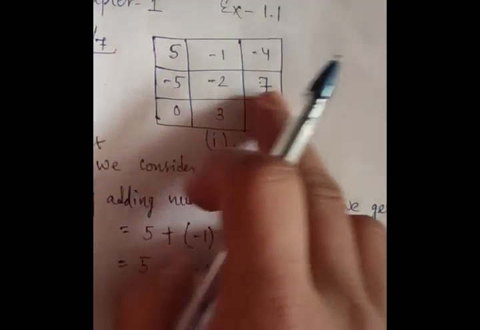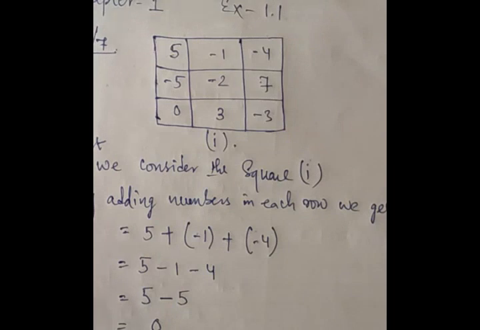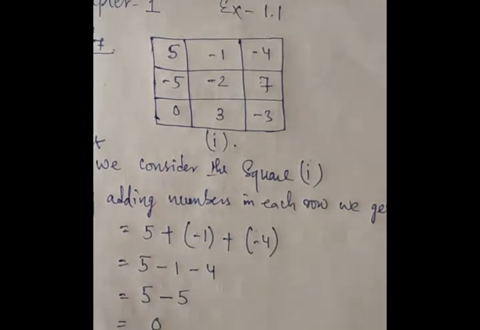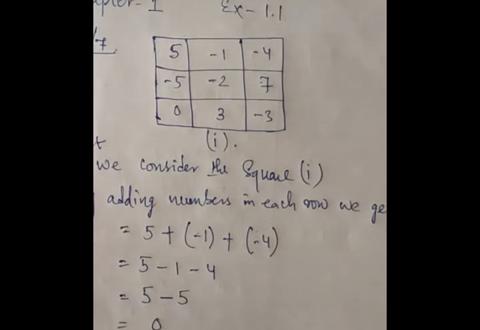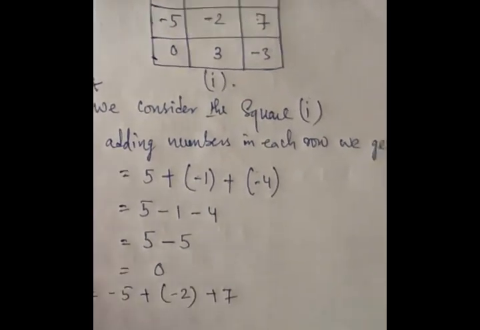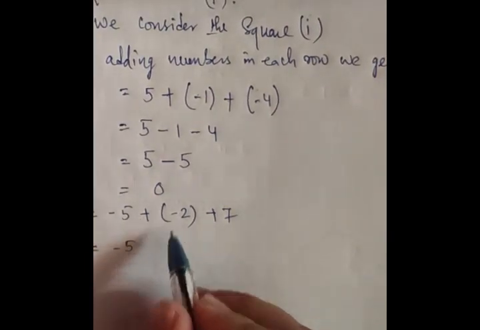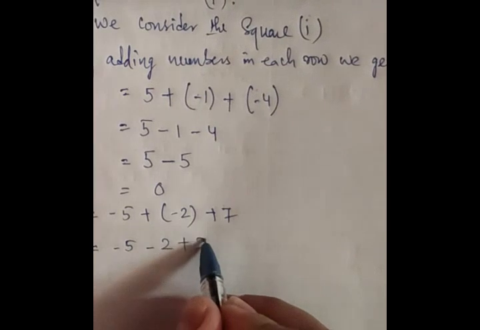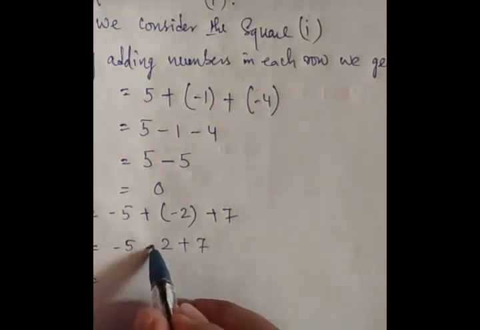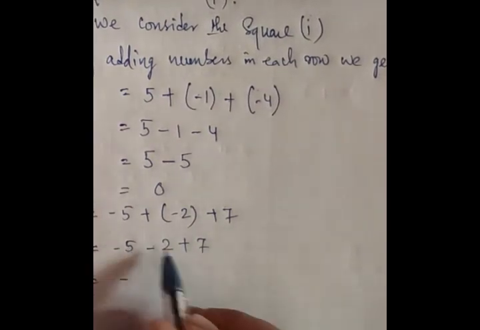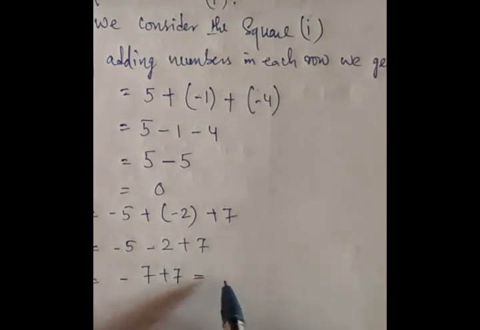Next row we have the numbers minus 5 plus minus 2 plus 7, isn't it? So what will be the answer? Minus 5 plus minus 2 plus 7. Minus again plus, but the sign will be minus. 5 plus 7 is equal to 0. So the second also you got it.